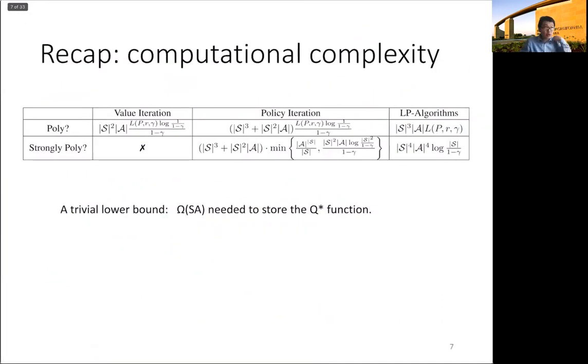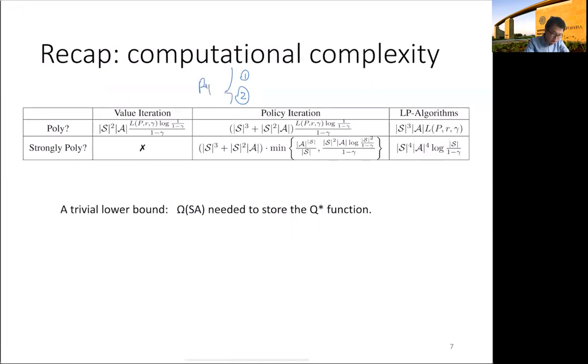All right, so the ending notes of the last lecture were on the computational complexity of the three algorithms that we talked about: value iteration, policy iteration, and LP algorithms. Again, value iteration is about repeatedly applying the Bellman optimality equation until it converges. And policy iteration is slightly simpler, which involves two steps.